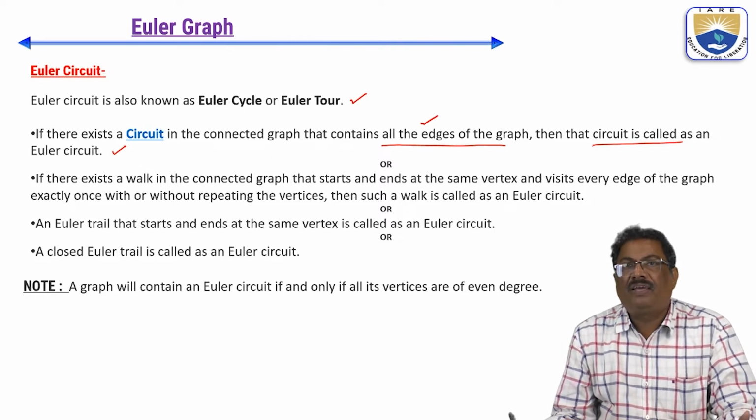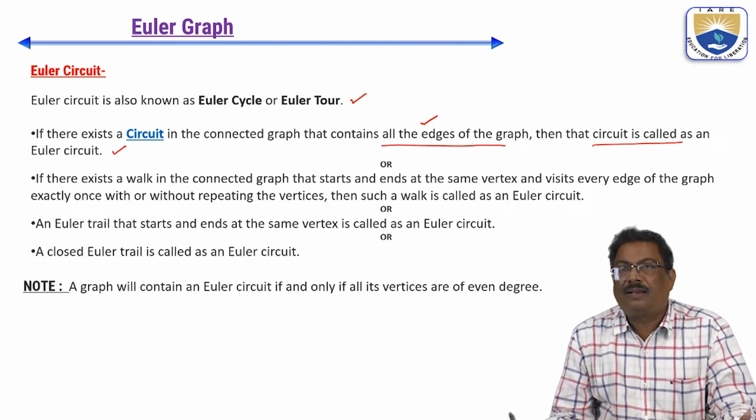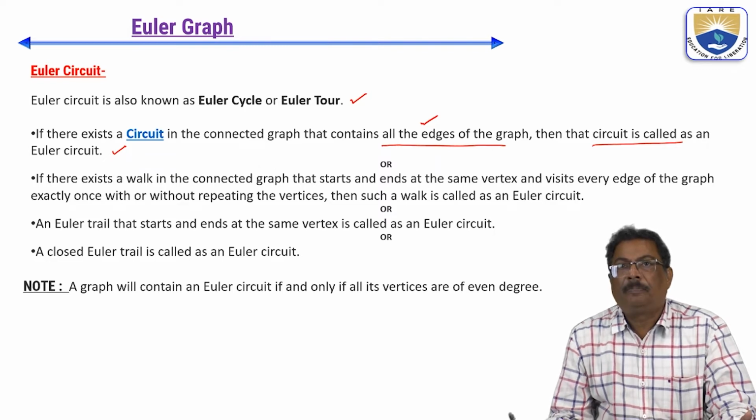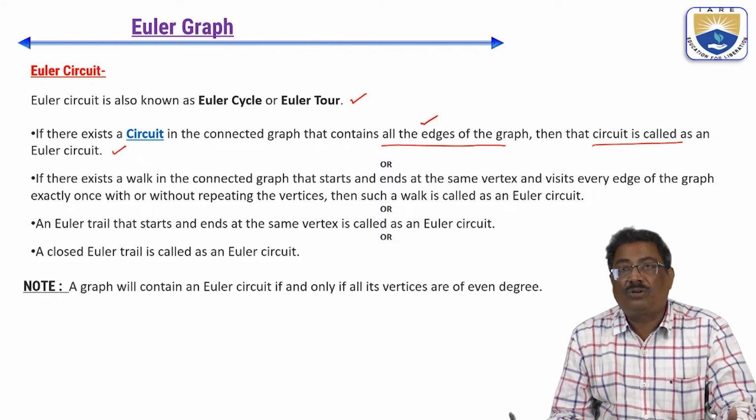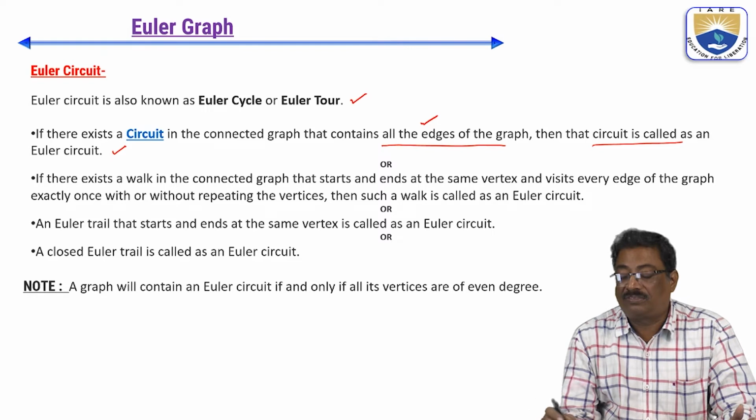Or, if there exists a walk in the connected graph that starts and ends at the same vertex and visits every edge of the graph exactly once, with or without repeating the vertices, then that walk is called a Euler circuit.